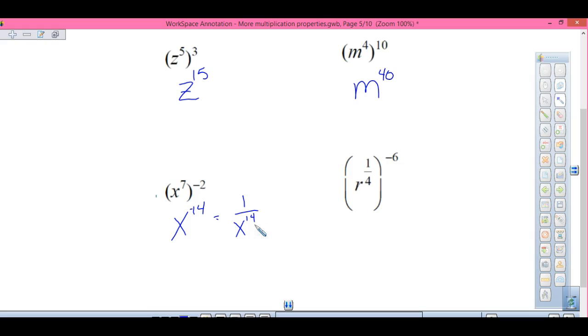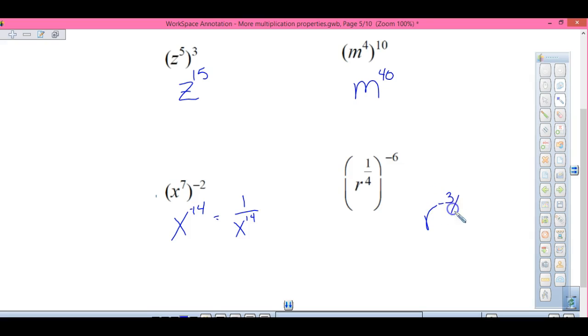Now, some of them are going to have fractions, and that's okay, because we know how to do fractions on our calculators. So in parentheses, we've got 1/4. So in parentheses, 1 divided by 4, parenthesis, times negative 6 gives us r to the fraction.